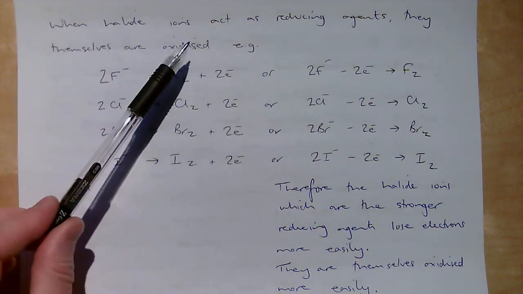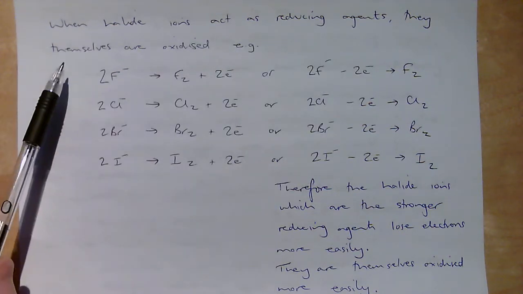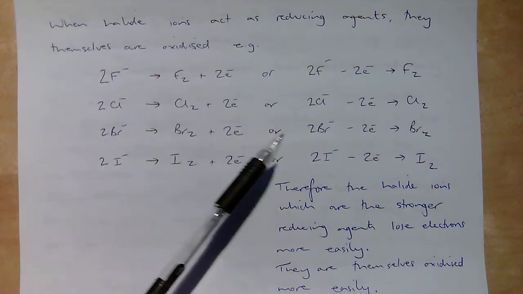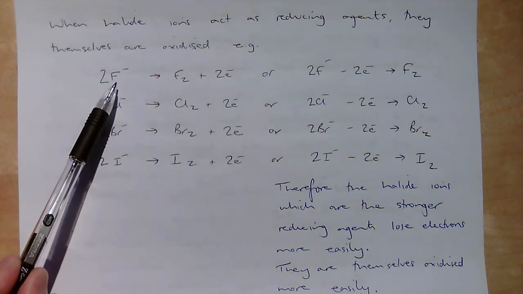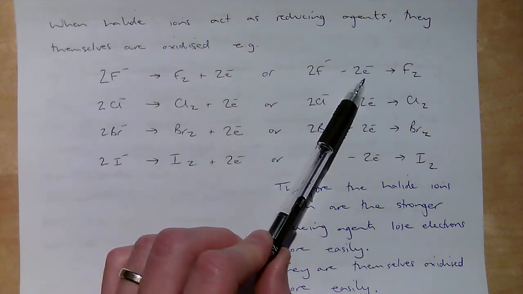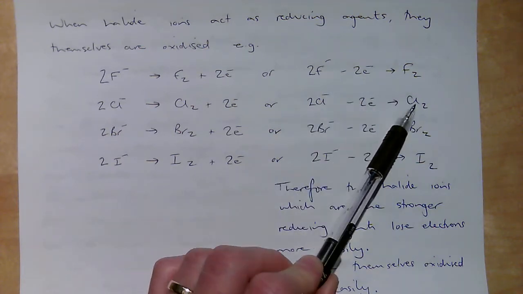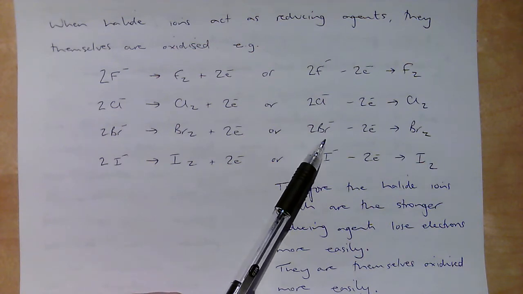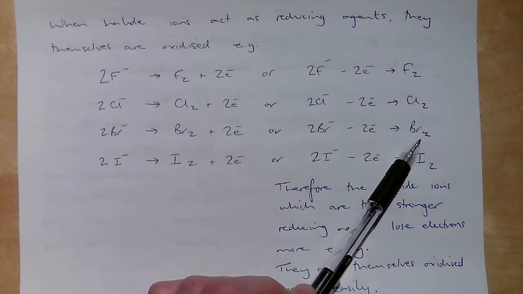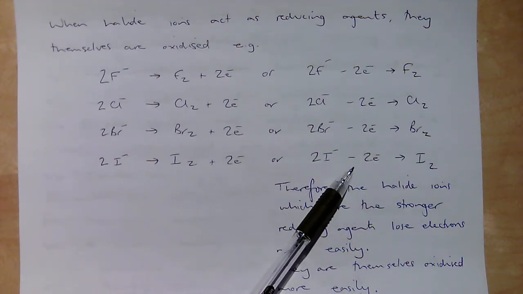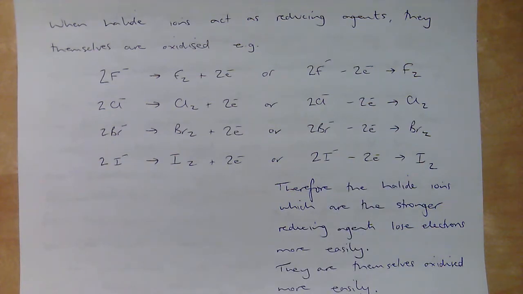When halide ions act as reducing agents, they themselves are oxidized. So 2F- minus 2 electrons forms F2, 2Cl- minus 2 electrons forms Cl2, 2Br- minus 2 electrons forms Br2, and 2I- minus 2 electrons forms I2.